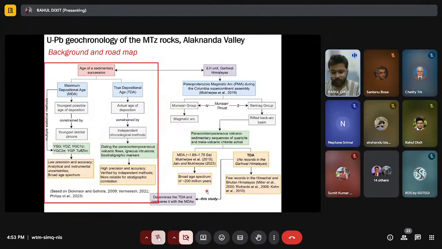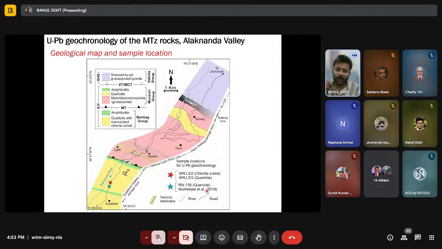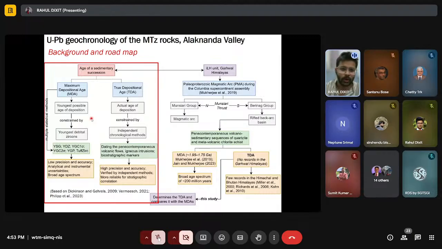Now, before proceeding to part B of this presentation, there is a bit of background and roadmap on why and how we try to constrain the age of a sedimentary succession. The primary aim in this particular part was to constrain the true depositional age of the Berinag group.